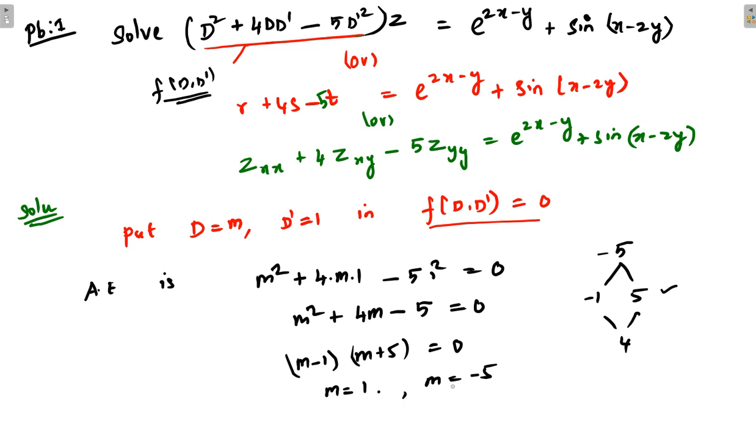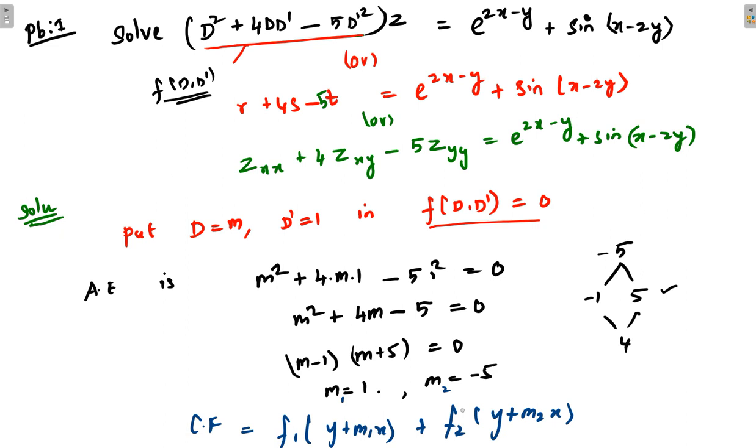That means you have to write the complementary function equal to f1 of y plus m1x plus f2 of y plus m2x. Here we are taking these as m1 and m2, both are different.